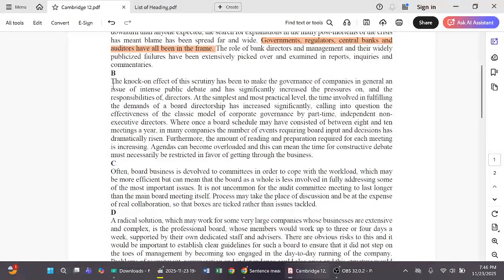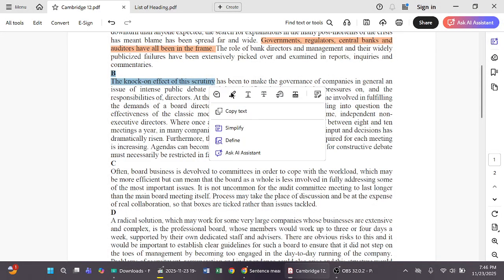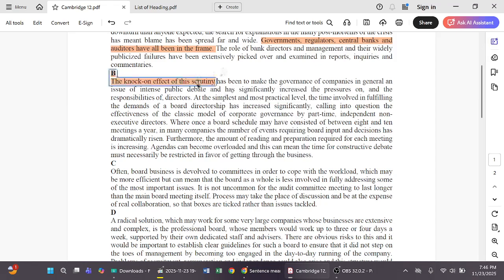So for the first sentence, we have already got our answer: the knock-on effect of this scrutiny. That means for this examination there is an impact, a knock-on effect. It's a phrase, so it means an impact or effect resulting from something, like the scrutiny, and as a result there are some knock-on effects.